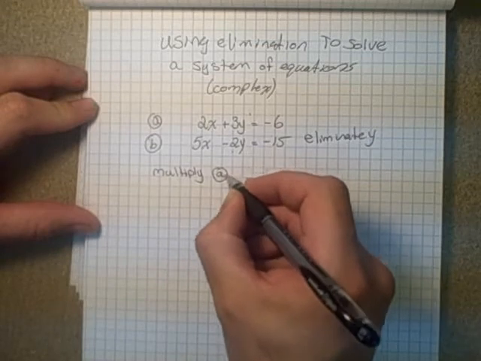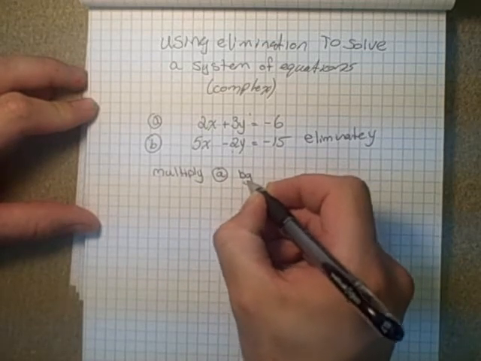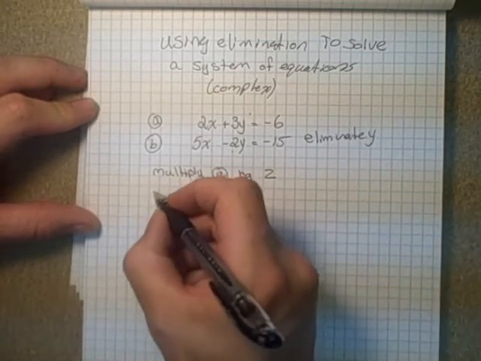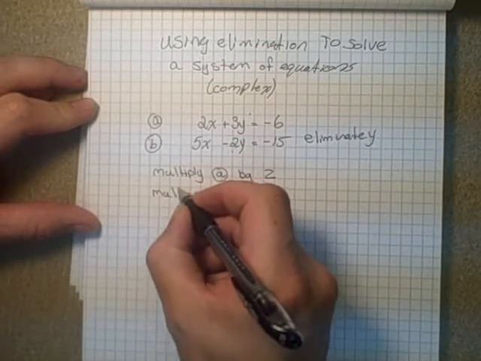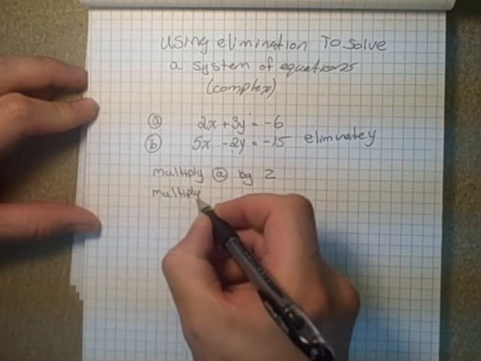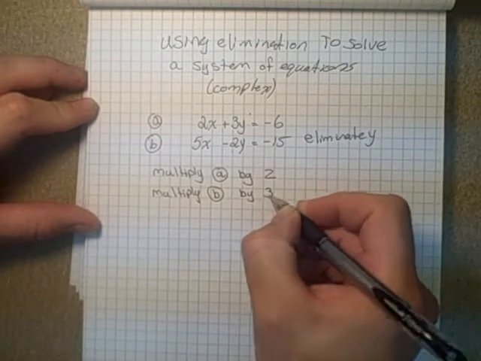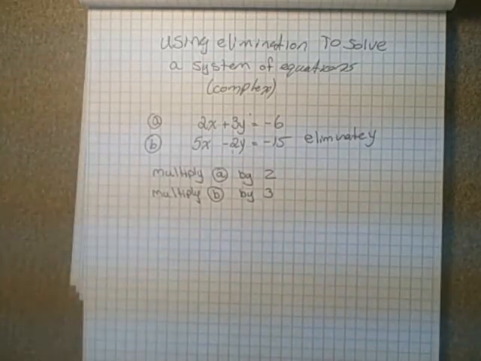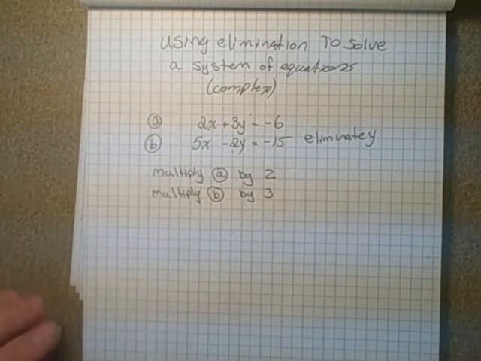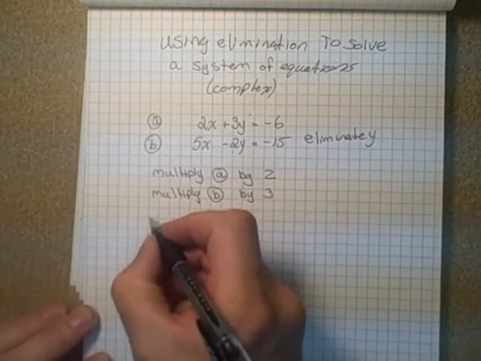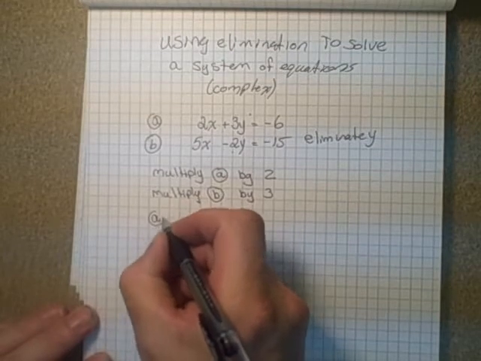So basically, I'm going to multiply equation A by 2. And I'm going to multiply equation B by 3. So I'm just taking those coefficients that are in front of the y in the other equation and multiplying them out. So let's do that. Let's do A first.